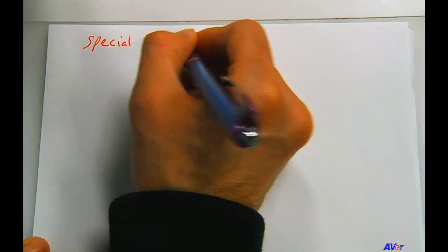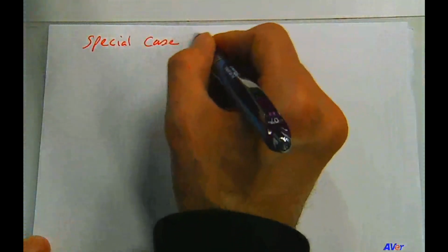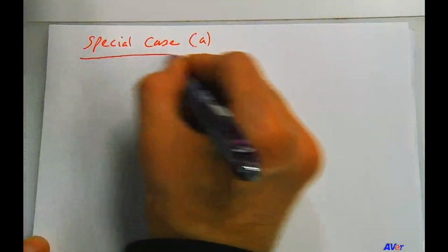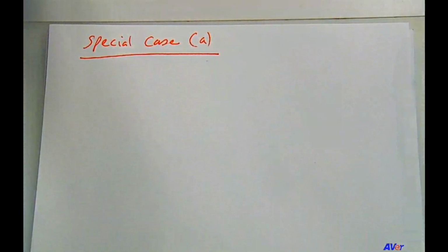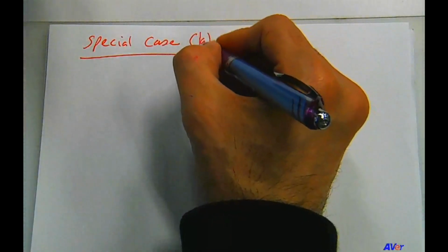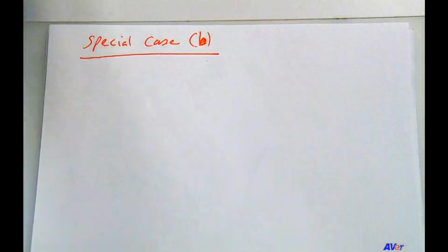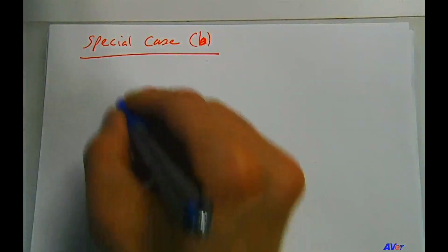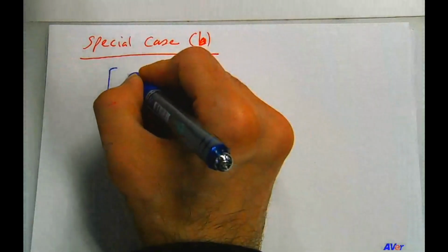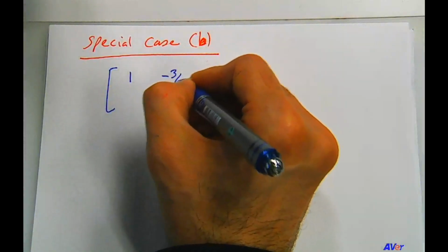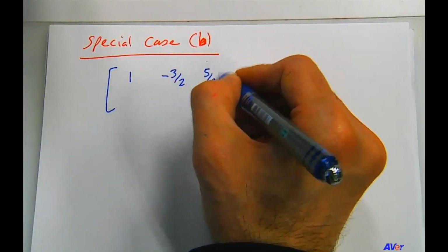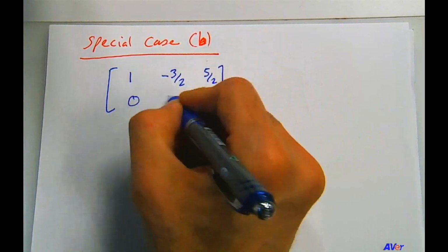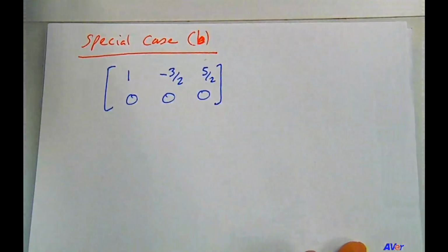I mean, it's pretty much like part A, but the reduced row echelon form looks different. And that's special case B, not A. We just went over part A. So it will look like this. We'd have 1, negative 3 halves, 5 halves, and then 0, 0, 0.